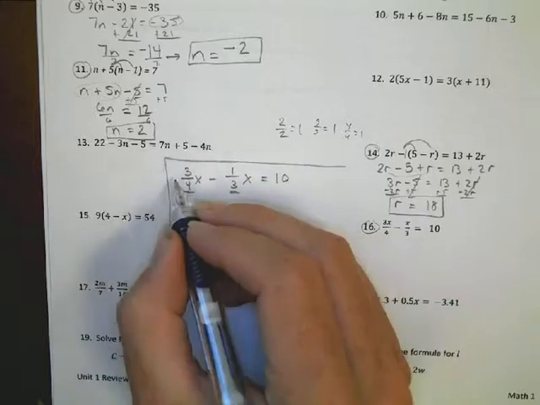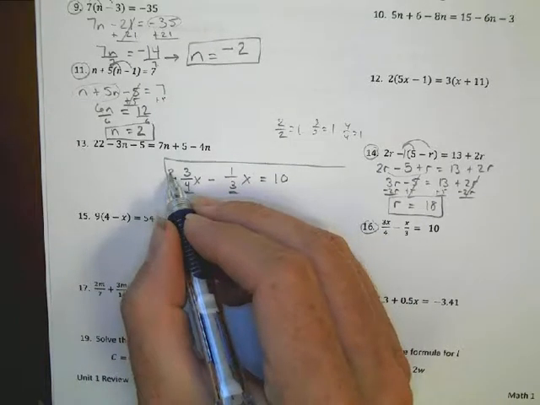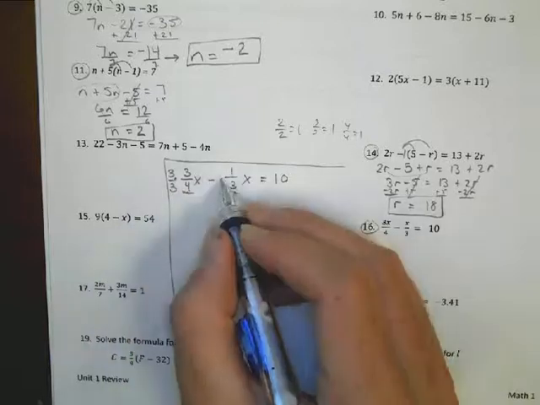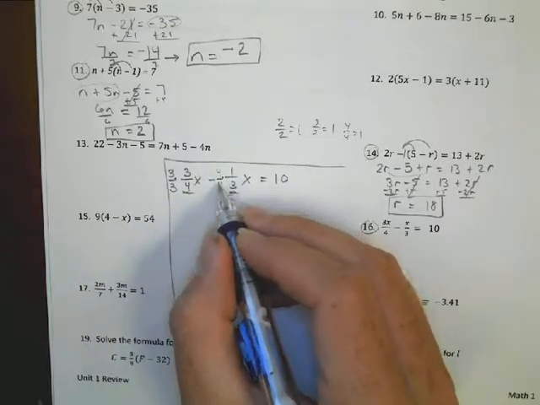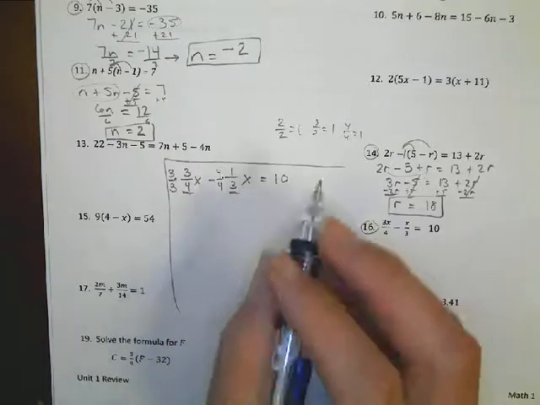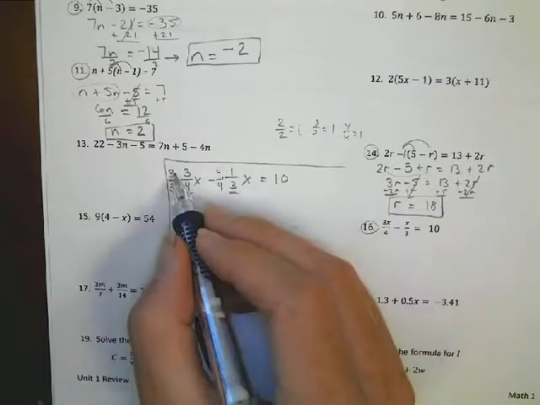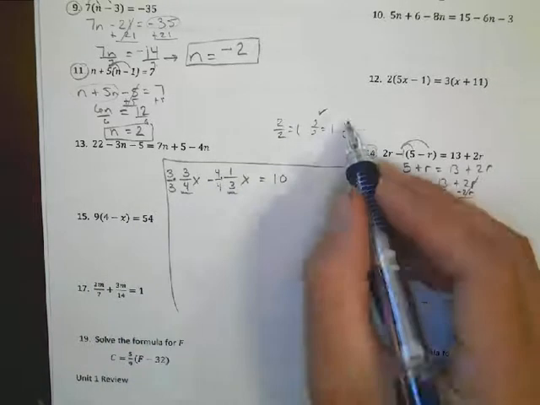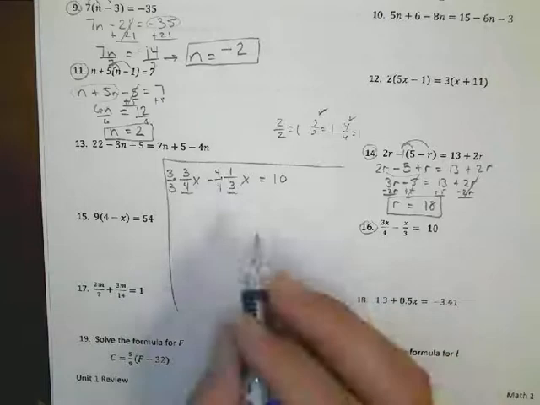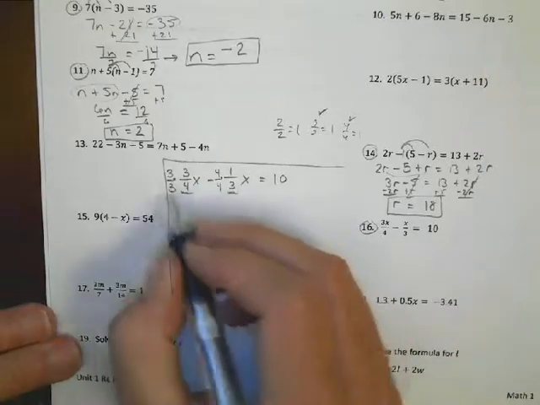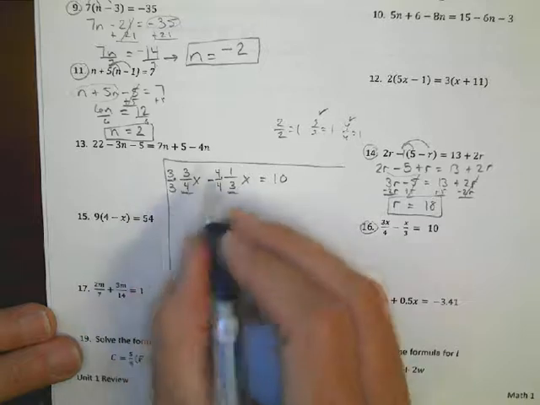But to get a common denominator, I'm going to multiply the first one by 3 over 3, 3 times 4 is 12. And if I multiply the second one by 4 over 4, 4 times 3 is 12, I'm going to end up with a common denominator. But notice that 3 over 3 is really just 1, and 4 over 4 is also just 1. So I haven't changed anything, I'm just looking at it differently and changing the denominator by multiplying by 1.